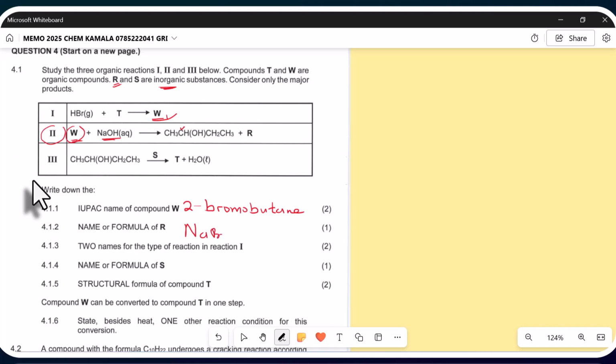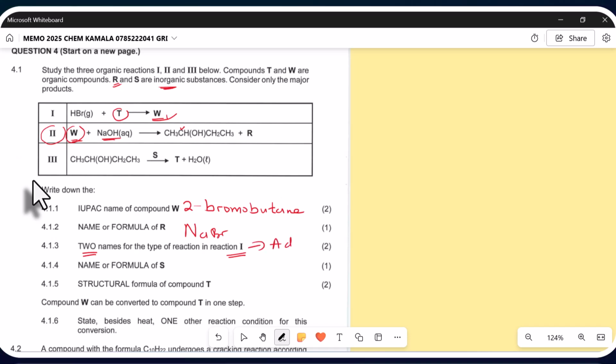Now they want compound T. Now compound T is an alkene, okay? So compound T should be an alkene with 4 carbon atoms. Let's put them here. This is 1, 2, 3, and then 4.